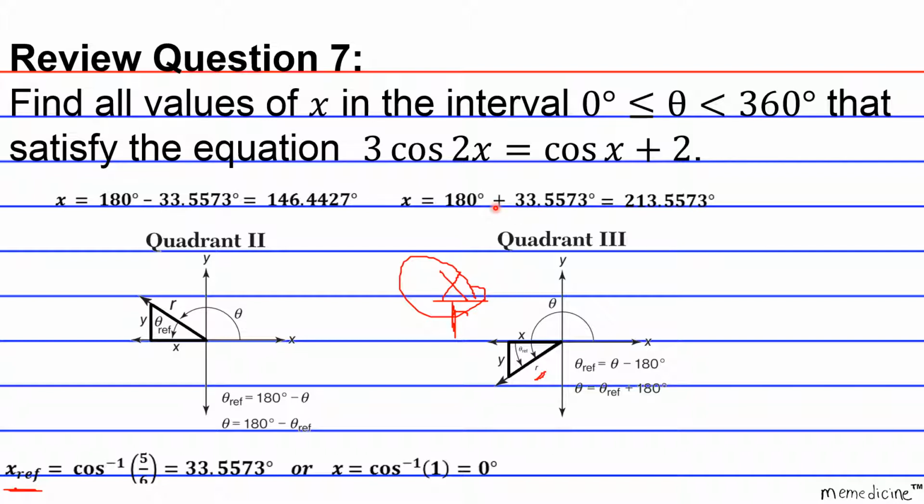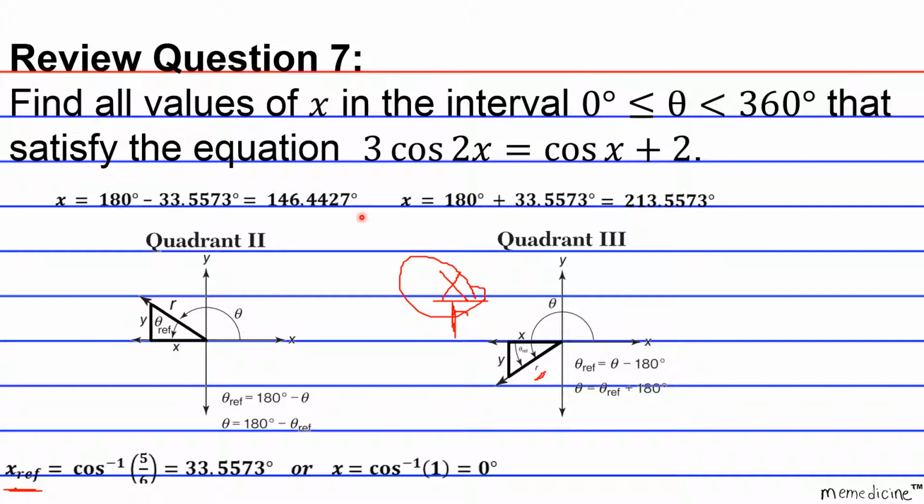So theta equals theta ref, which we have here, plus 180 degrees in quadrant 3, and that angle measurement is 213.5573. Okay, so these are our two answers, approximately 214 degrees and somewhere between 146 and 147 degrees. You decide.